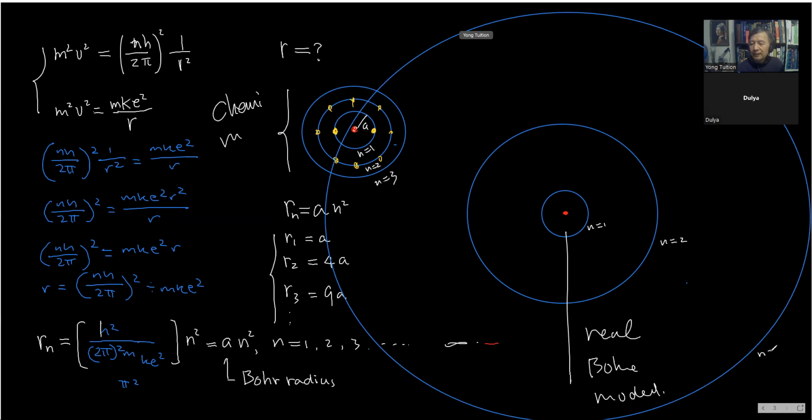And how about the fourth one? 16, okay? This is beyond the whole screen. That's something you have to bear in mind. So therefore, the Bohr model has not much use in physics, although it's useful in chemistry when we work out electron configurations, all right?